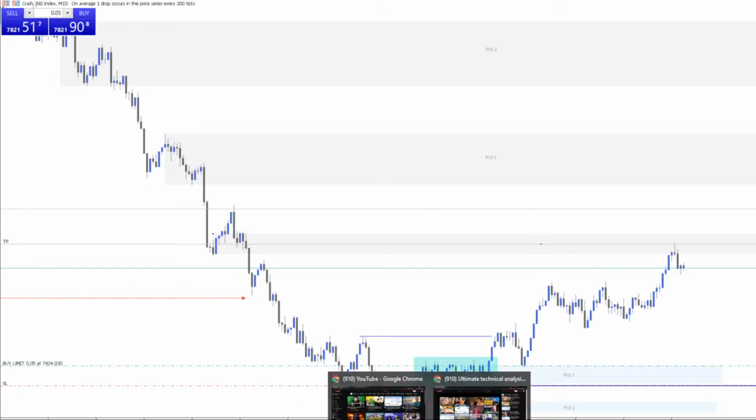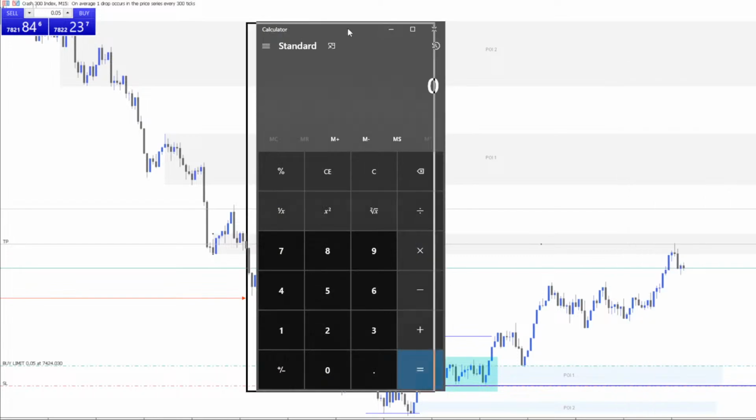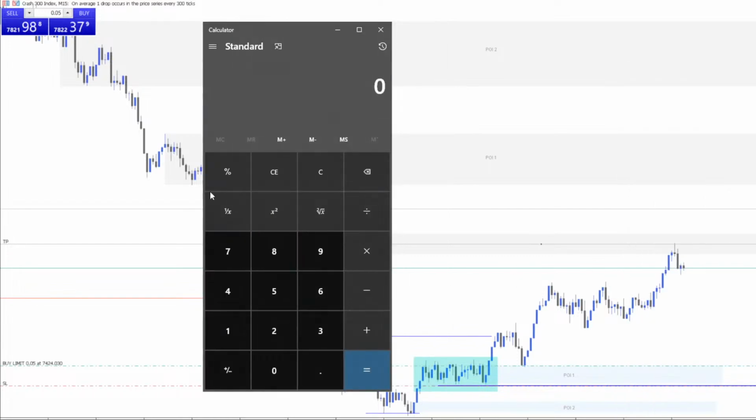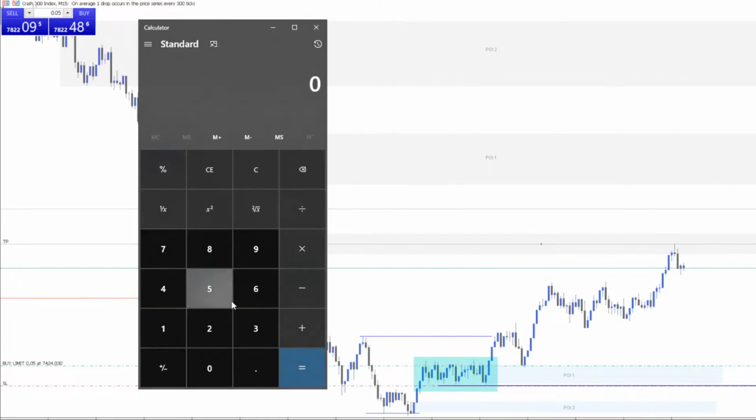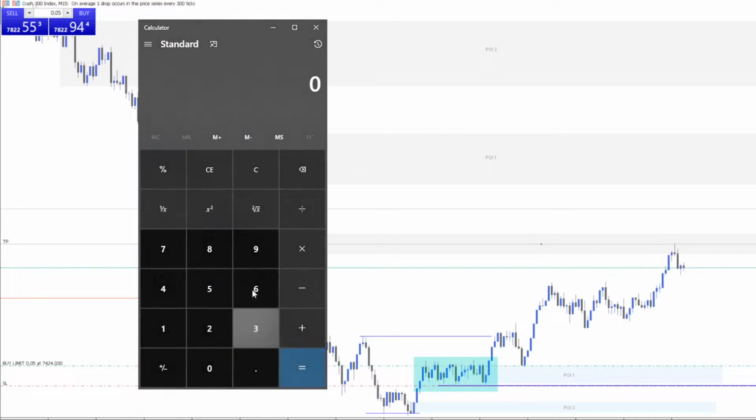If I pull out my calculator, I hope it shows. Yeah, it's showing on this trade. So if I pull out my calculator, 0.1 lot would be times 2 of what you would be making, 24.77. So let's say 24.77 times 2, which is 0.1 lots, you'll be making almost $50, right?